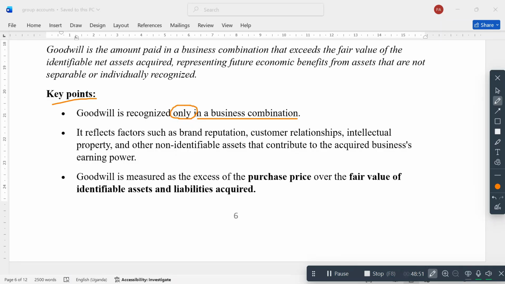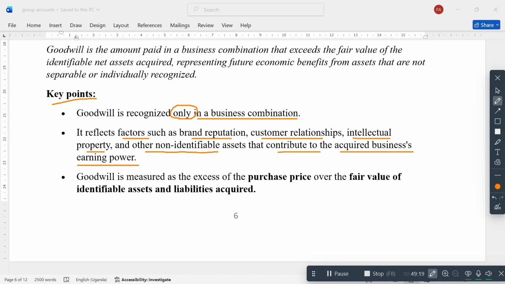It reflects factors, which other assets I was talking about could be factors like what? When someone talks about goodwill, he may be referring to something like brand reputation. Maybe the reputation is so high that you will use it to make more money, to get more customers. Could be customer relationships, lists and other stuff. Intellectual property, could be other non-identifiable assets that contribute to the acquired business's earning power.